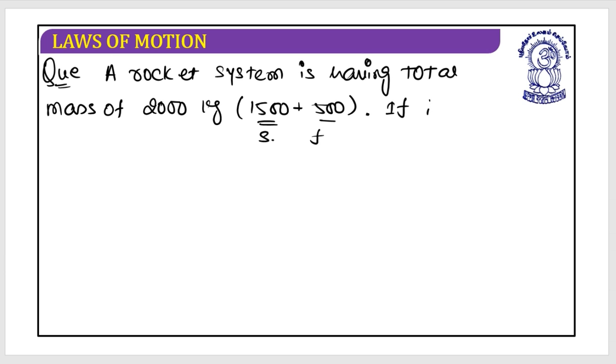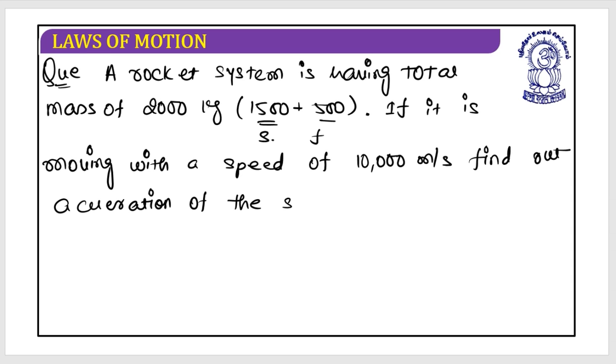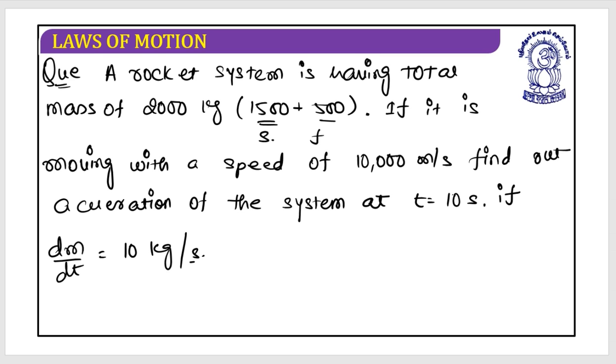If it is moving with a speed of 10,000 meter per second, find out the acceleration of the system at t = 10 seconds, if dm/dt is 10 kg per second.